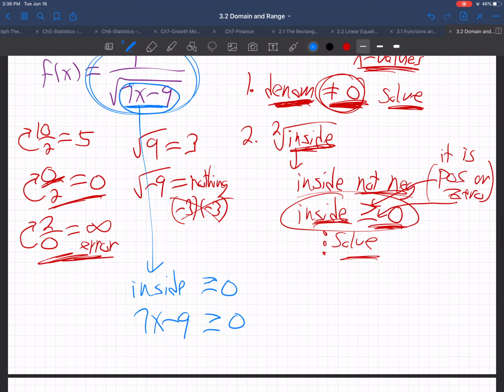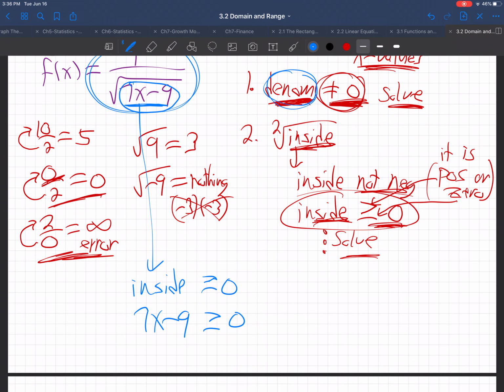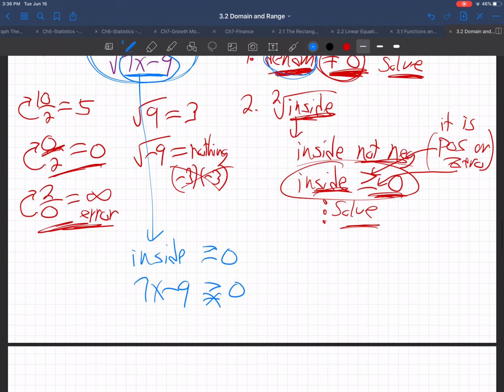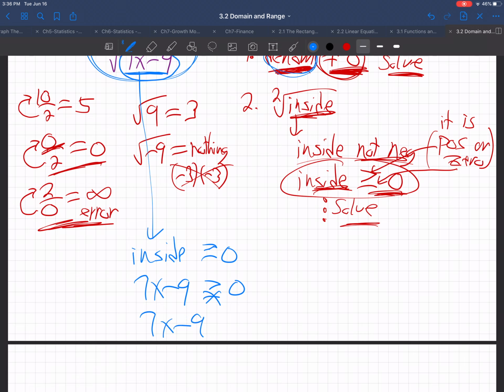But it's also in a denominator. It's both in a square root and in a denominator. So it cannot equal 0, so get rid of that little equals, right? That line underneath the greater than symbol means equals, greater than or equal. So we say 7x minus 9 is just greater than 0. You could write that as a third condition over here if you want.